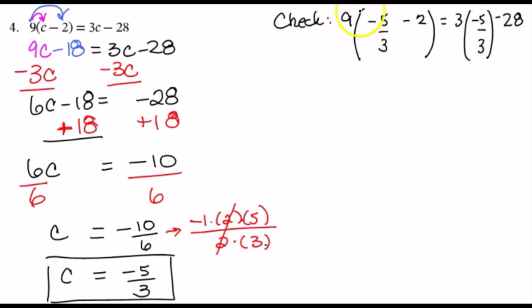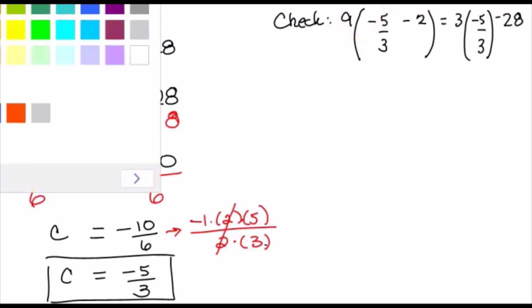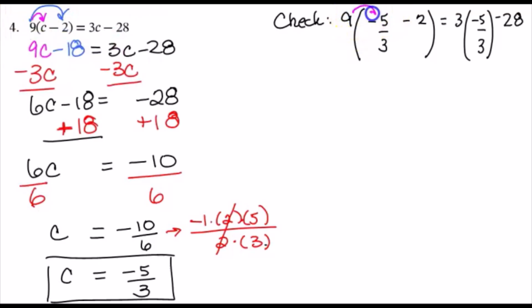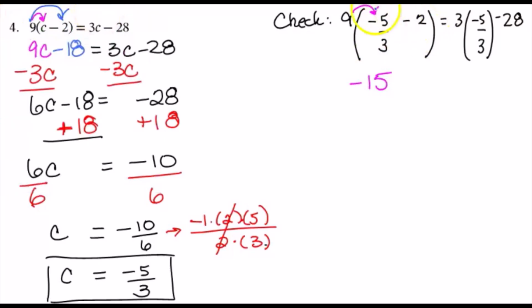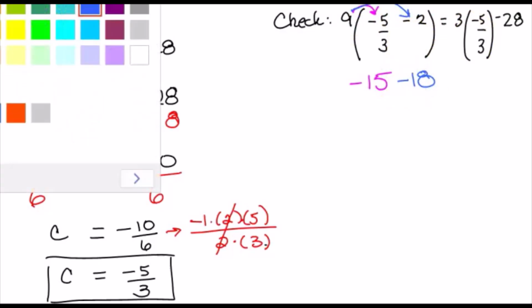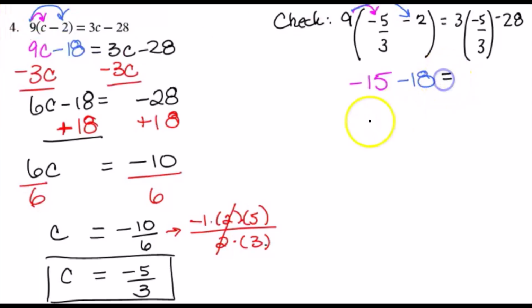Now we have to distribute again. 9 divided by 3 is 3, times negative 5 is negative 15, and 9 times negative 2 is negative 18. So that's equal to negative 33.